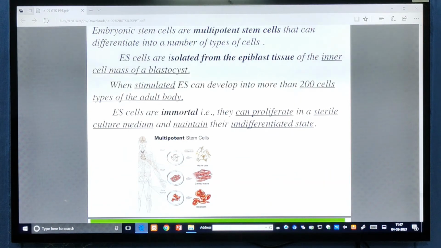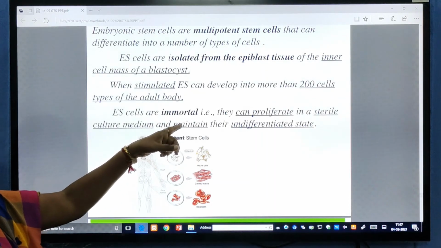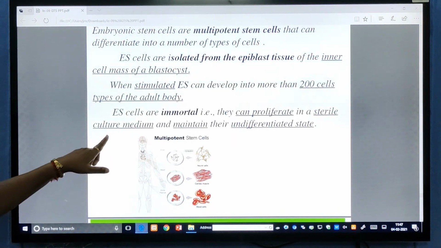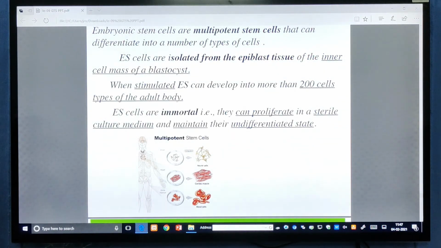So we stimulate them, and by this 200 types of cells were produced in the adult body. ES cells are said to be immortal. You call them immortal because they can proliferate in a sterile culture medium. They don't need any other sources.